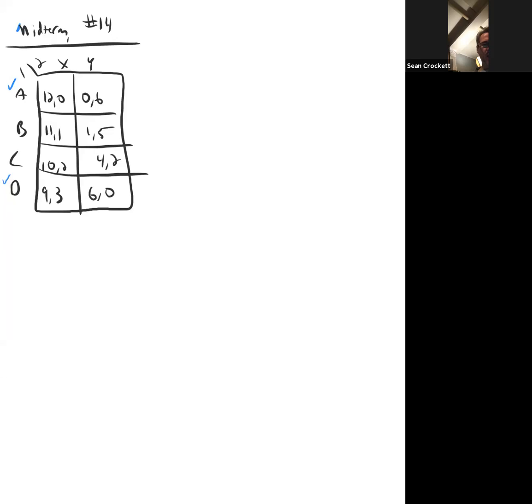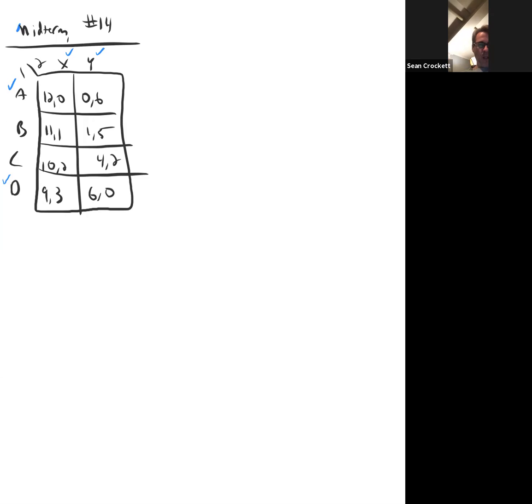X is the best response to D. So X, Y, A, and D are all safe from dominance, and then we look to see whether B or C can be dominated.